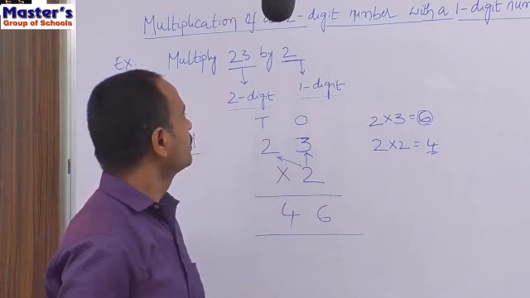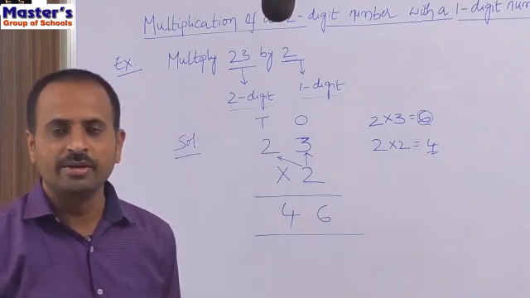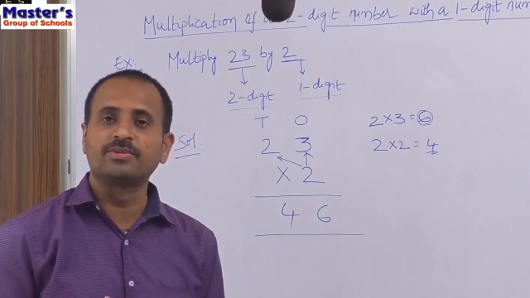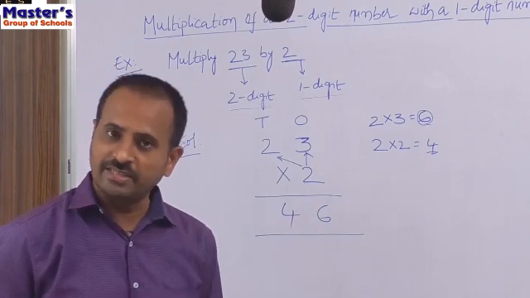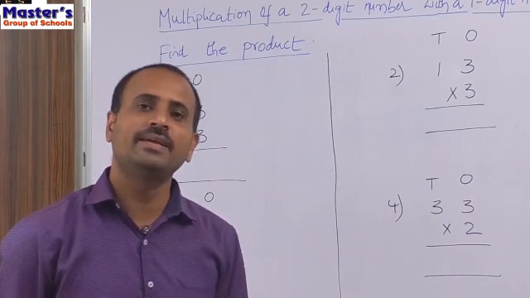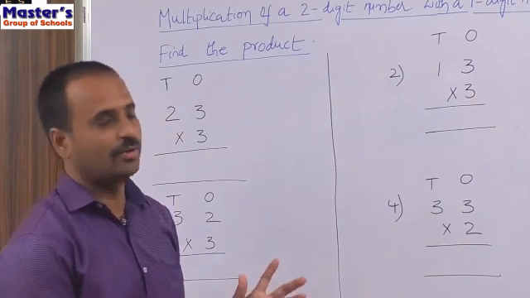So this is the way of multiplication of a 2-digit number with a 1-digit number. Let us practice some more problems on this multiplication in the exercise.